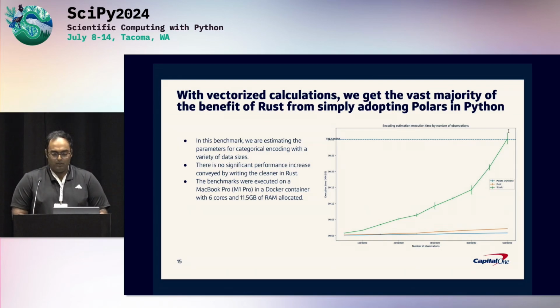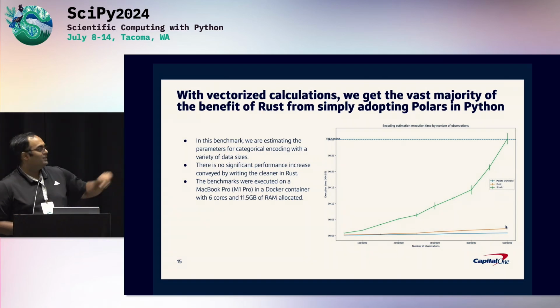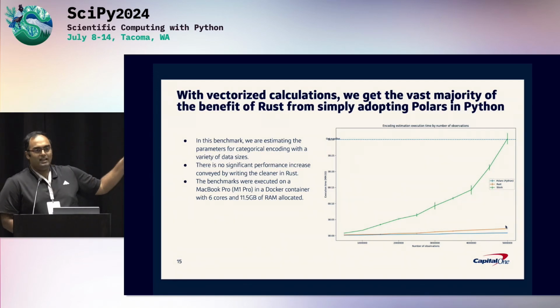So here we have our stock package, and then this line here is our Rust prototype, and then Python polars is actually outperforming it, but it's all within this kind of interactive zone. So I don't want to draw too many conclusions from the rank ordering there. But we see that we actually just gain a lot from going to polars. We don't need to write Rust necessarily.